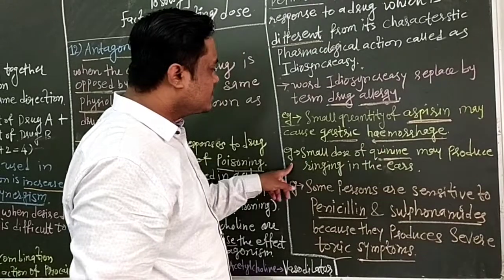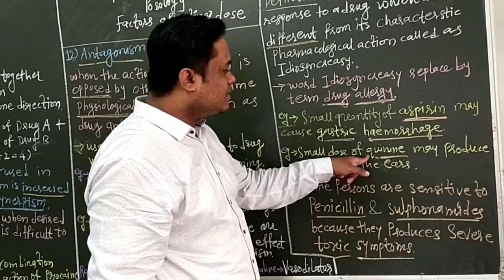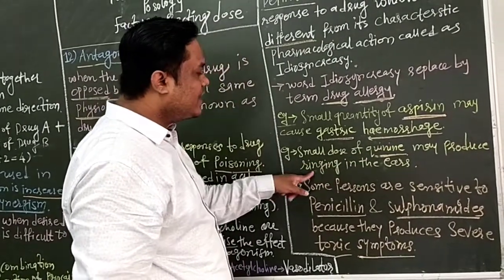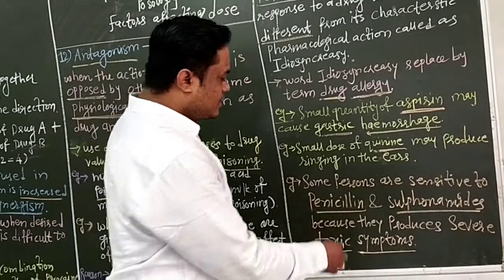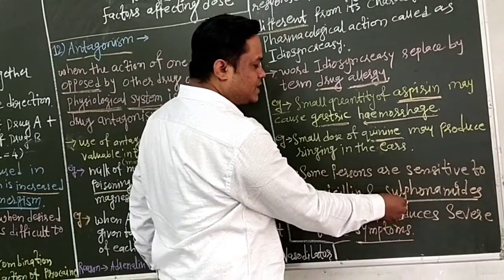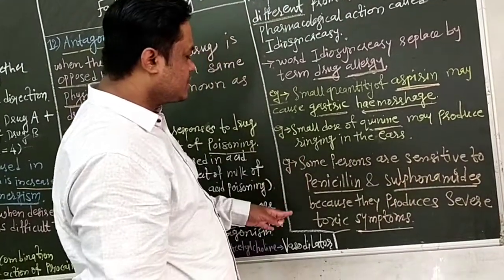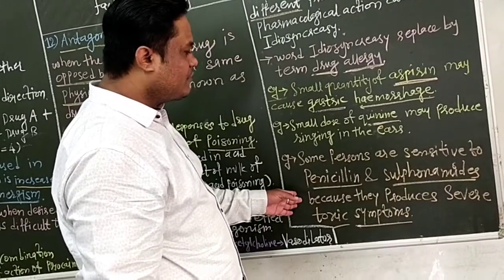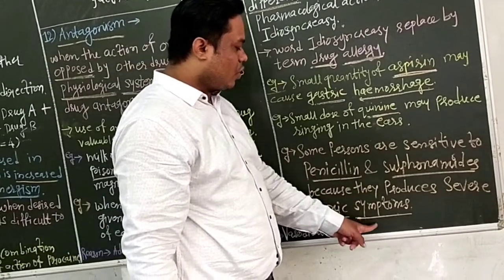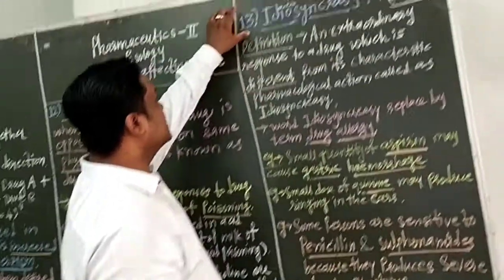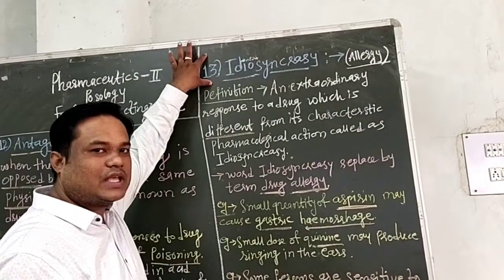Second, quinine gives the extraordinary response of ringing in the ears. And third, penicillin and sulfonamides produce severe toxic symptoms in persons allergic to them, which are examples of idiosyncrasy, or allergy.